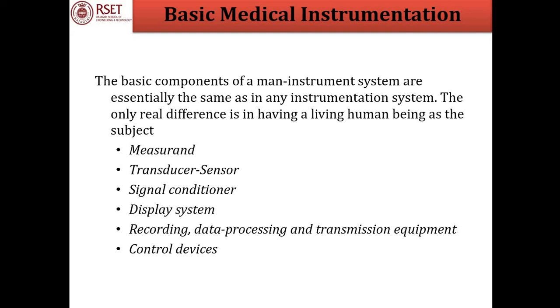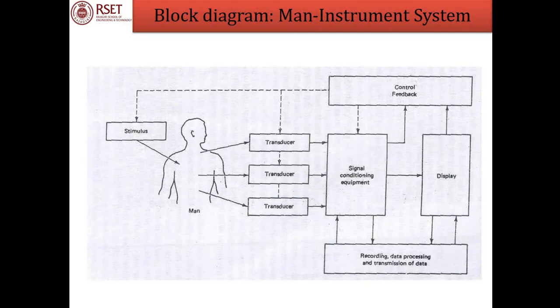The system usually consists of a feedback loop in which part of the output from the signal conditioning or display equipment is used to control the operation of the system in some way. So let us have a look at the block diagram of the man instrument system based on the explanation that we had in our last slide. So here we have the man as the main object for acquiring signals.